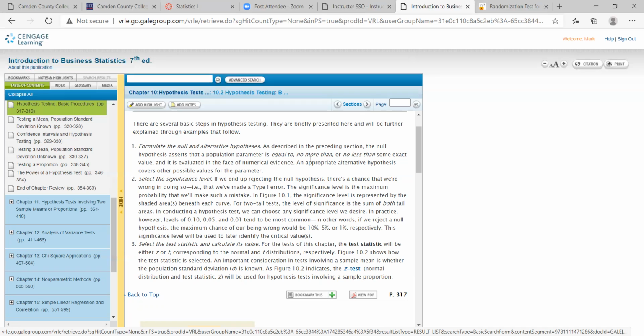In the case of the population proportion, we have to do that calculation, n times p and n times 1 minus p, if you remember that. It has to be greater than or equal to 5 for both of those calculations for us to use the normal curve.